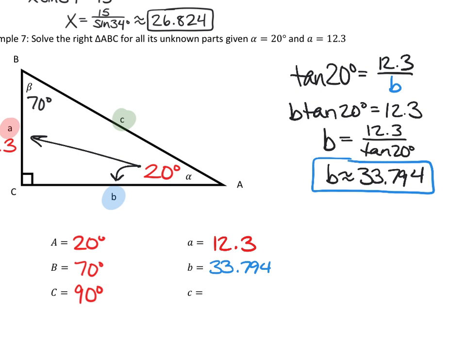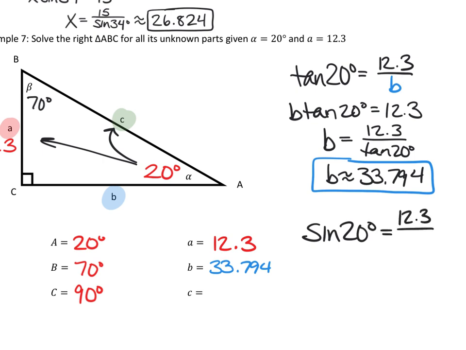If I go back to the triangle, and again, I'm just going to stick with that angle measurement 20, and I utilize what I know versus what I want to know, how are those two things related? Sine, yes. So if we take the sine of 20 degrees, it should be equal to the ratio 12.3 divided by C. And so we're very quickly able to solve for C as well.